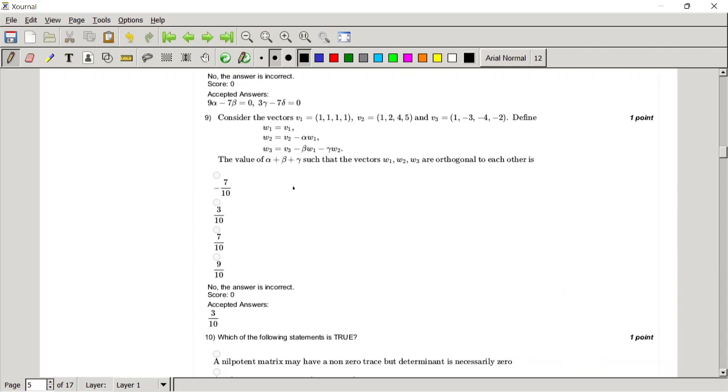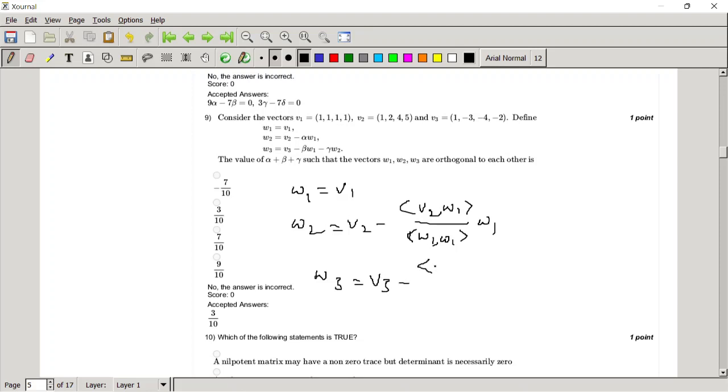By that theorem we have w1 equal to v1, w2 equal to v2 minus inner product of v2 comma w1 divided by inner product of w1 comma w1, into w1. Similarly, w3 is equal to v3 minus inner product of v3 comma w1 divided by inner product of w1 comma w1, into w1, minus inner product of v3 comma w2 divided by inner product of w2 comma w2, into w2.